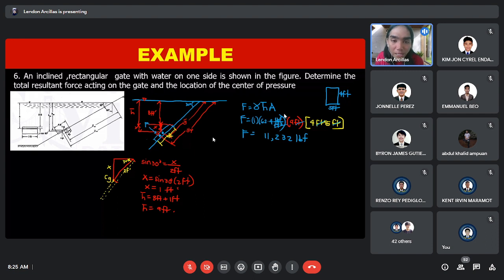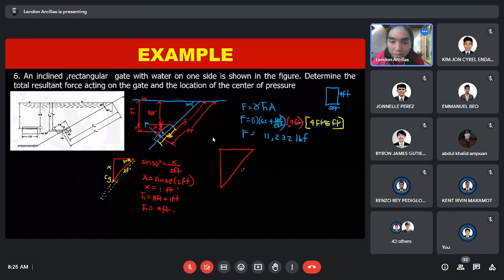So, again, gagamitin ulit natin yung trigonometry. Di ba alam na natin yung h bar. Hanapin muna natin yung y bar. So, this is y bar. This is CG. This is the center of gravity.